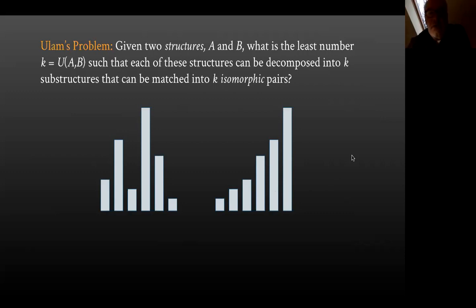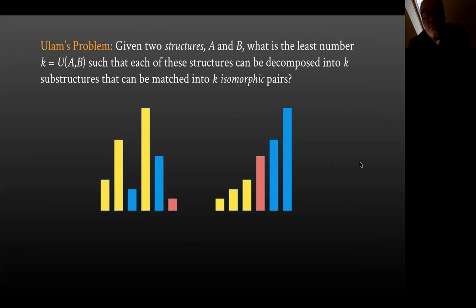In our setting of permutations, this looks also quite natural. When we are given two permutations, we can ask into how many subsequences we can split this permutation such that these subsequences can be matched into pairs, and the elements of the pairs are similar.